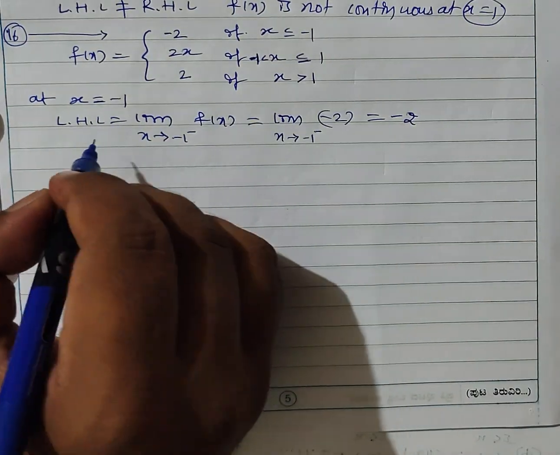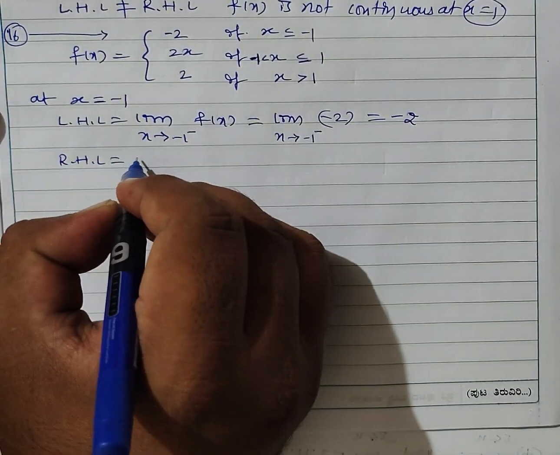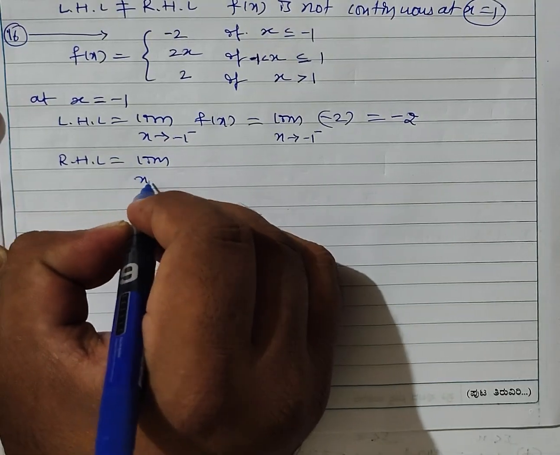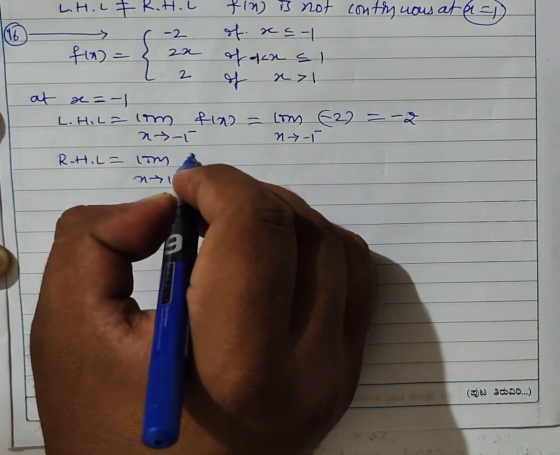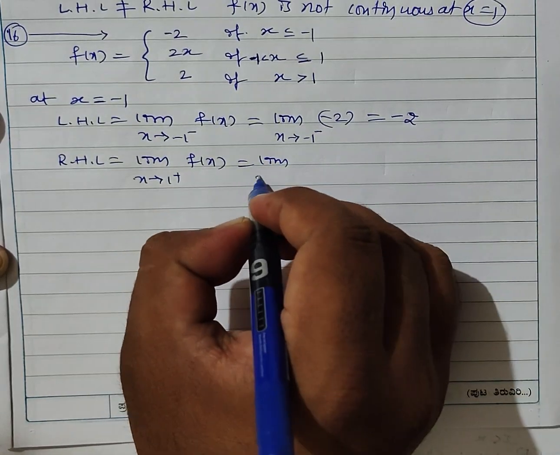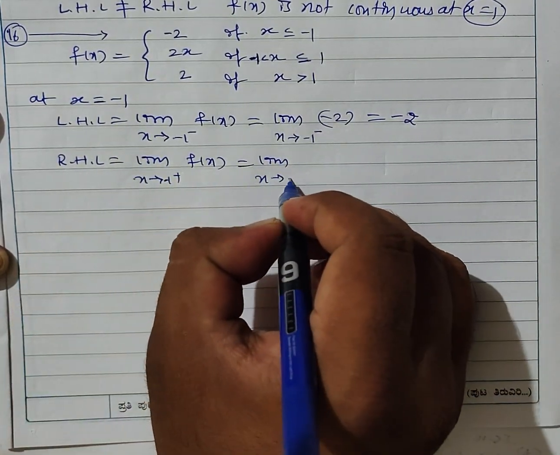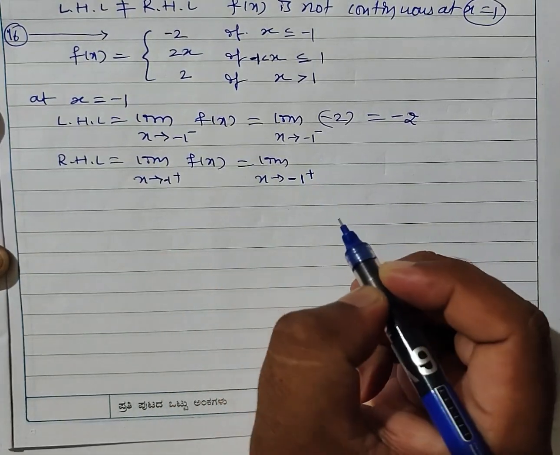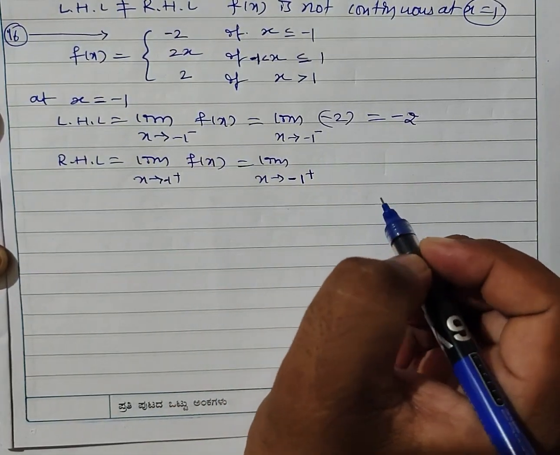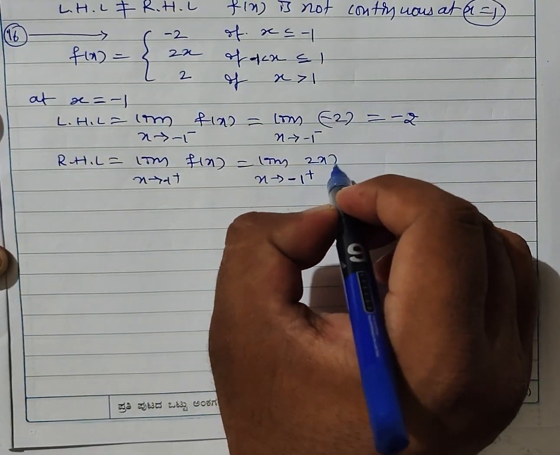So next, right hand limit. So right hand limit is equal to limit x tends to -1 plus f of x. So -1 plus means greater than -1. Greater than -1, the function is 2x. Okay.